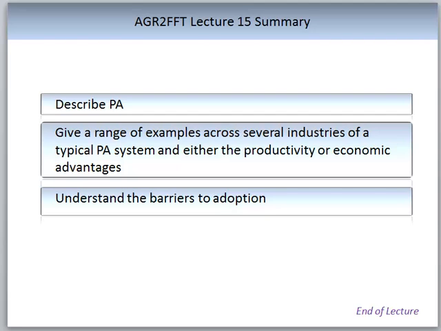You should be able to state how each industry's productivity or economic outcomes are improved with the installation of PA. You should also understand and be able to give examples of some of the many barriers to adoption, many of which we have discussed here and have been presented in the various papers for you to cite in Moodle. This brings us to the end of Lecture 15 on precision agriculture.